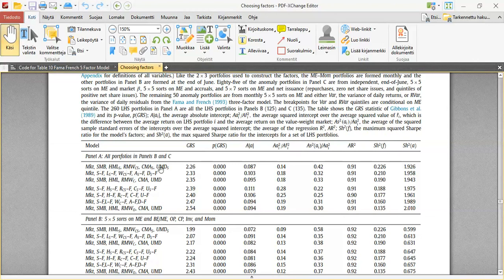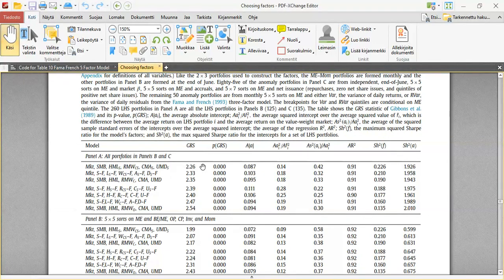Here in the first row, we see that they use the 6-factor model using small-stock risk factors for the value factor, profitability factor, investment factor, and momentum factor. Moreover, they use cash profitability.